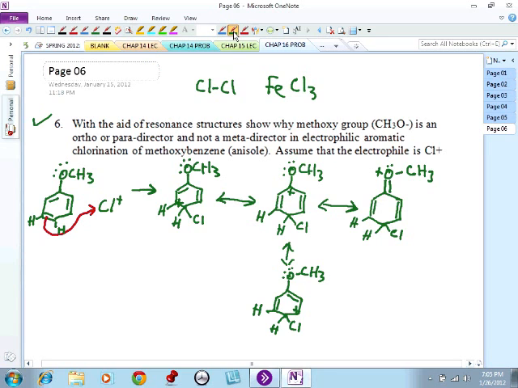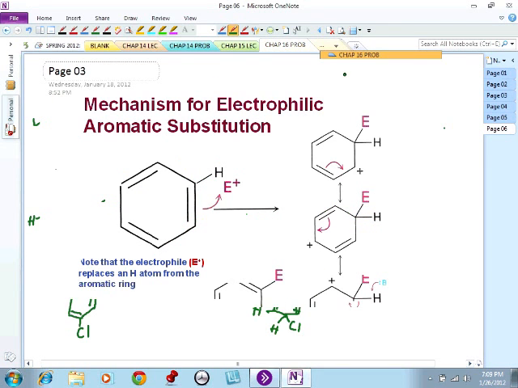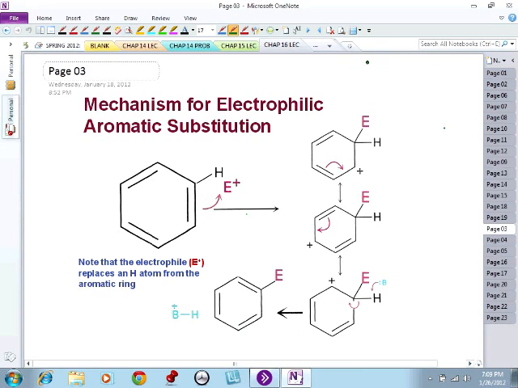It attracts this electron to itself. Okay, so as you know, we have finished chapter 16. All I want to do is just do a little bit of summation on the rest of the chapter.